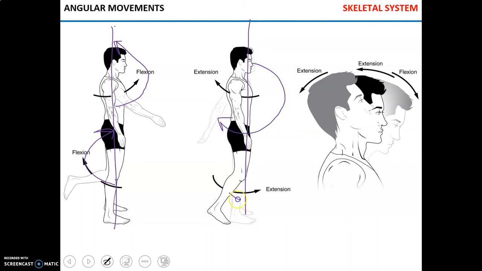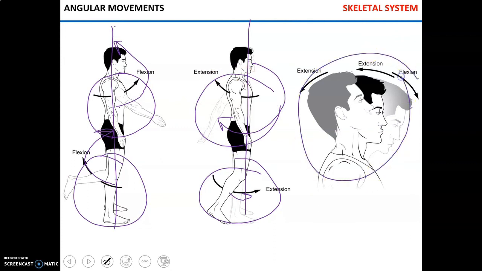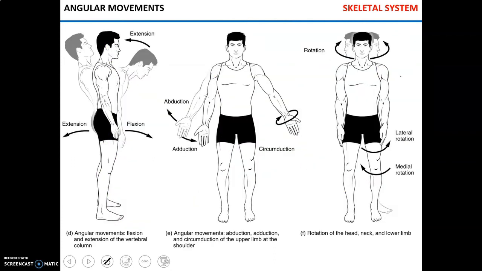So again, you have extension here. So you can see here flexion and extension of the knee, flexion and extension of the shoulder, flexion and extension of the head. This is the flexion and extension of the vertebral column.